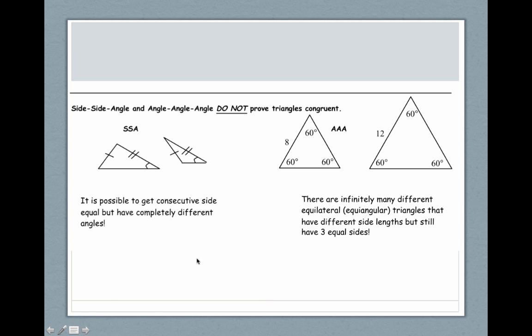Okay, so side, side, angle was not listed before, and neither was angle, angle, angle, and they're not good enough. If you have side, side, angle, so you don't have the included angle, you have a separate angle, then there are basically 2 ways to create the triangle.